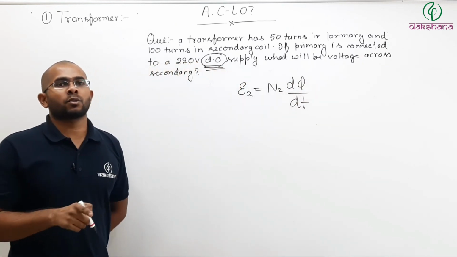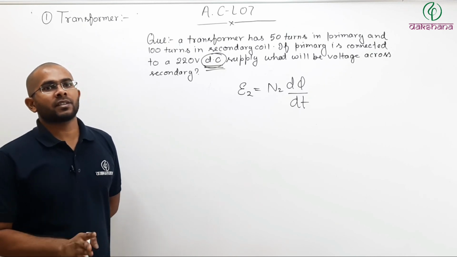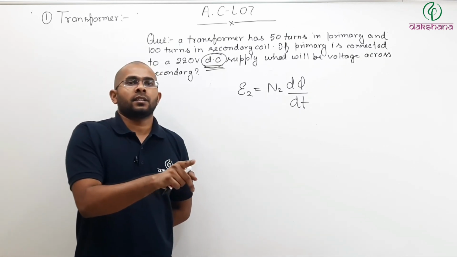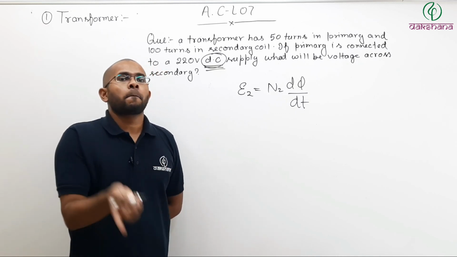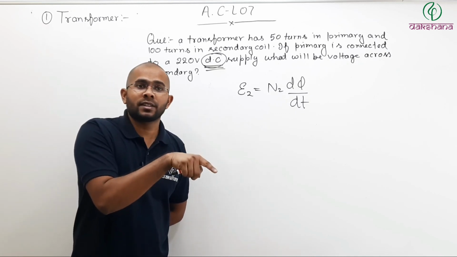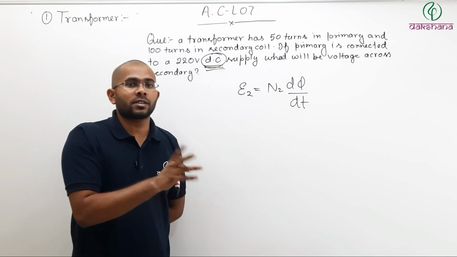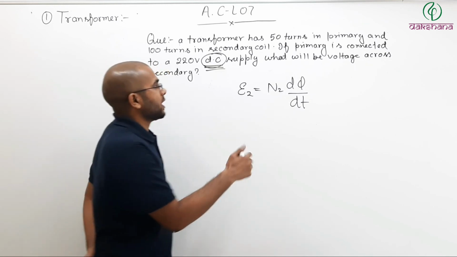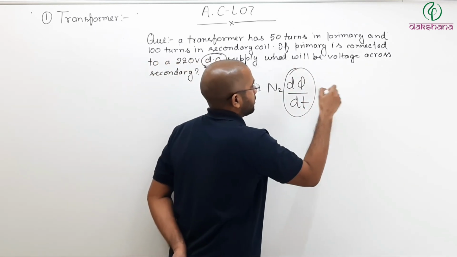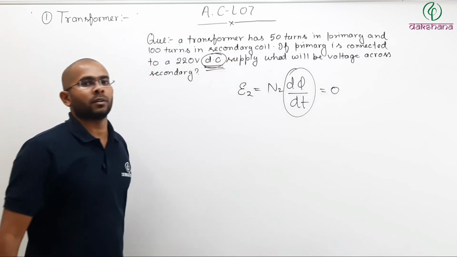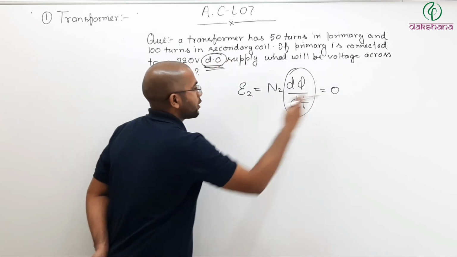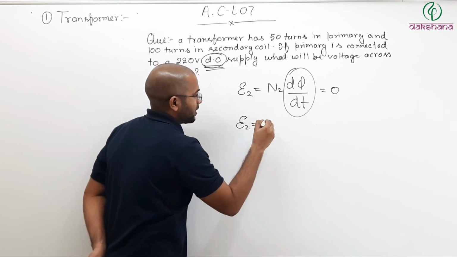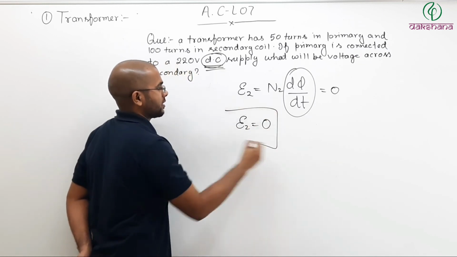If it is a DC source, current is constant. If the current is constant, your magnetic field is constant. If the magnetic field is constant, your flux is constant. And if the flux is constant, what about this value? This value is 0.